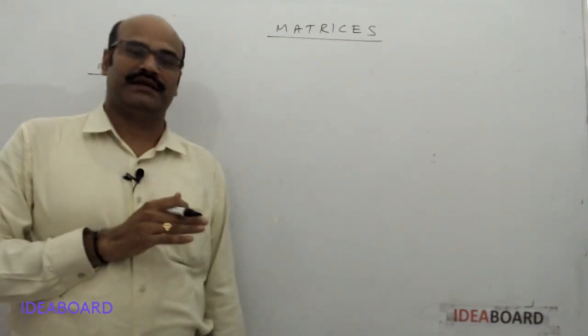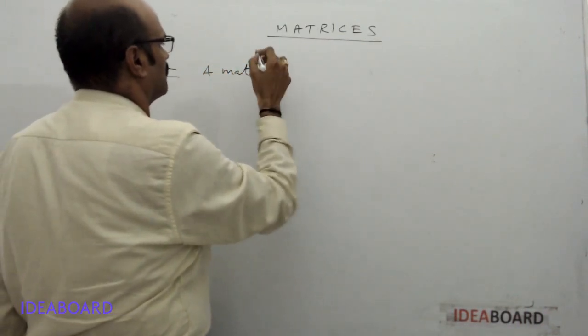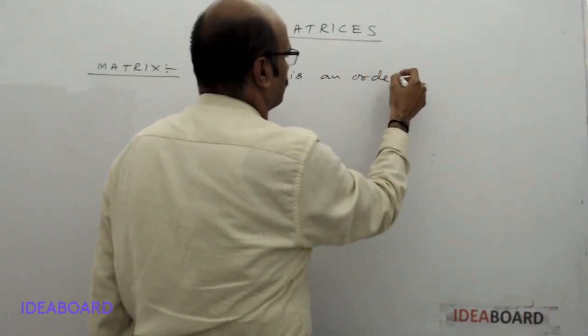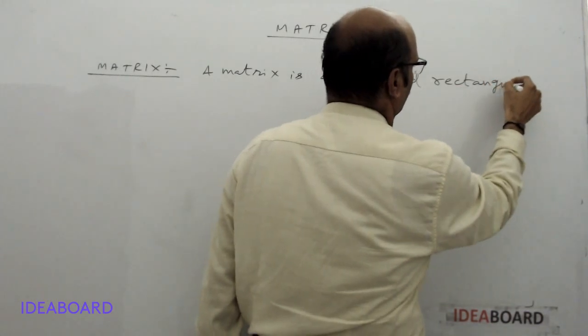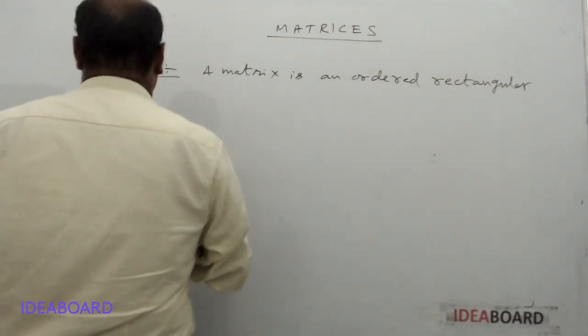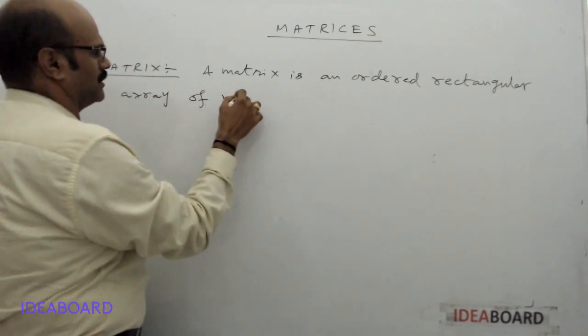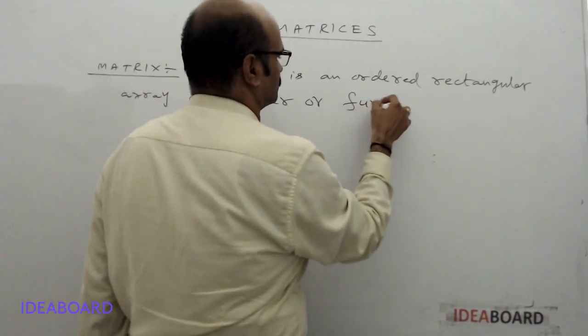A matrix is an ordered rectangular array of numbers or functions.